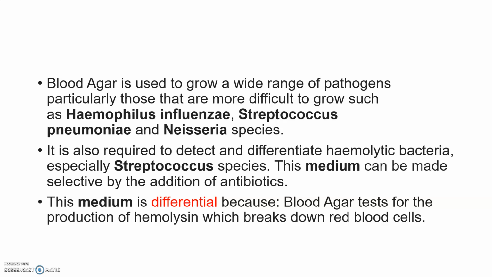Blood agar is also used to detect and differentiate hemolytic bacteria, for example Streptococcus species. This medium can be made selective also. How? By the addition of antibiotics.